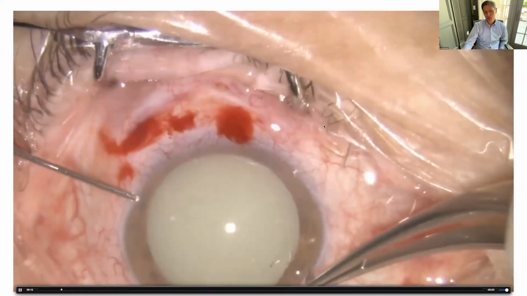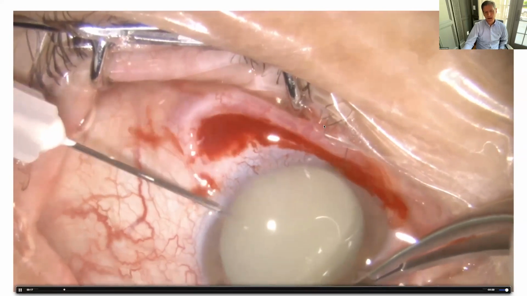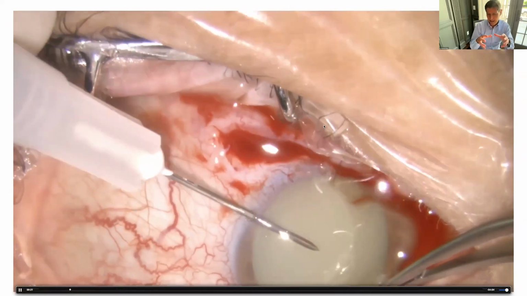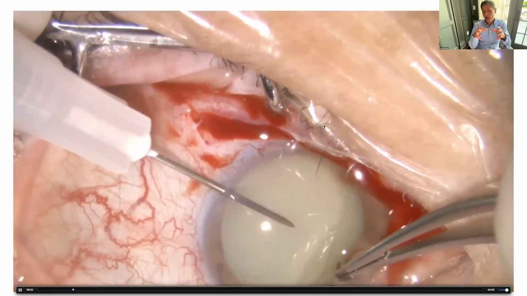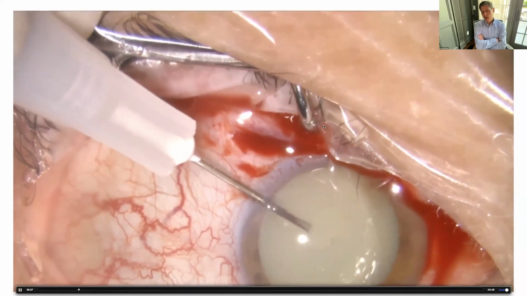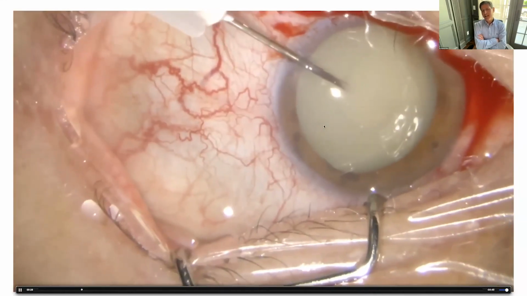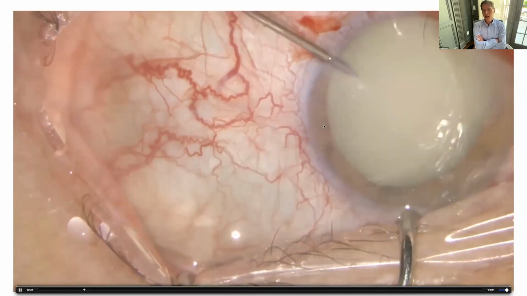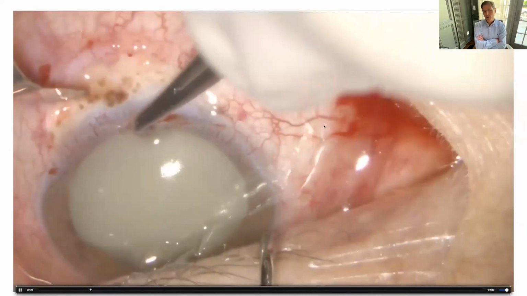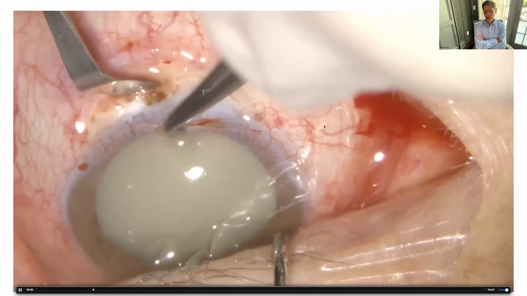In SICS, what we do is a superior peritomy. Then, because this bag is under tension, we don't want to have an Argentinian flag. So what we do is insert a 27 gauge needle. You can do it with a 30. You can do it bevel down or bevel up, with the anterior chamber closed, without viscoelastic.